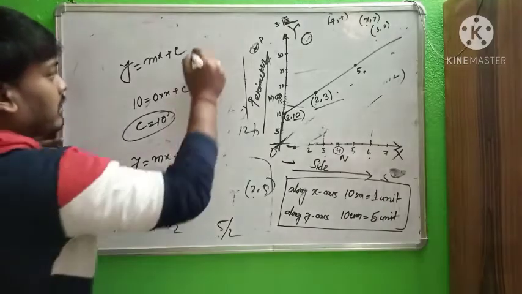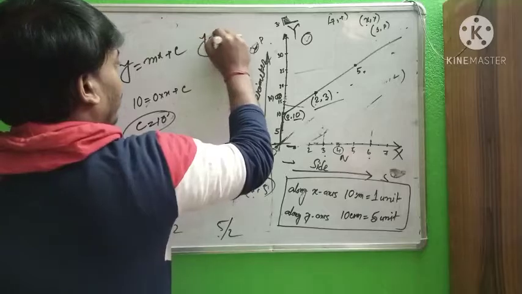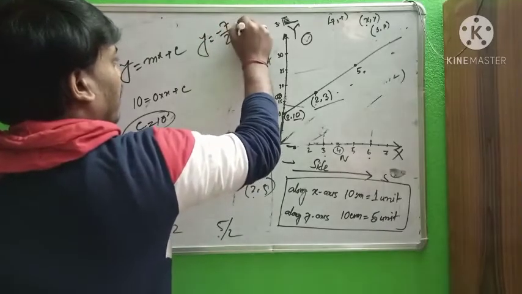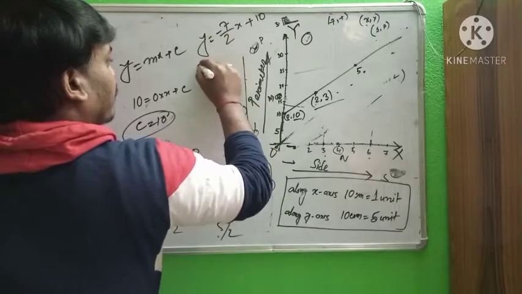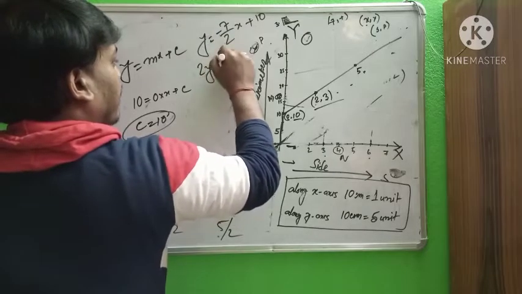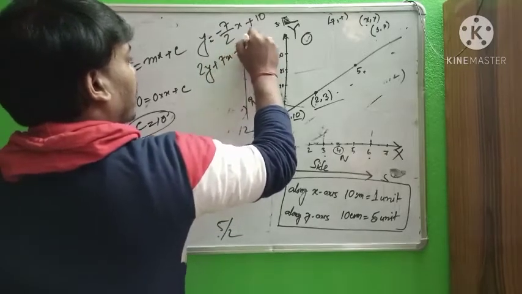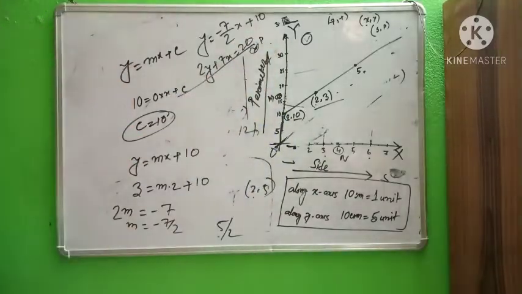Then what is the equation of the line? y equals minus 7 by 2 x plus 10. If we multiply by 2, 2y plus 7x equals 20. This is the equation of the line.